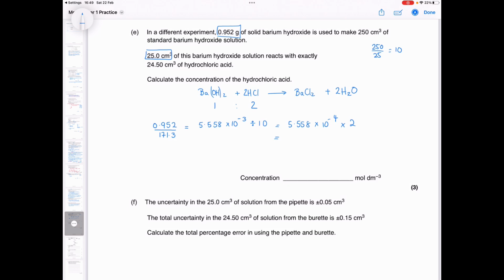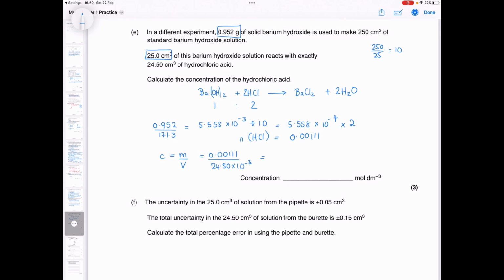And that's going to give us 0.00111 moles. So that's the number of moles of hydrochloric acid. And we know the concentration is equal to moles divided by volume. So we've got 0.00111 divided by the volume, which is 24.50 times 10 to the minus 3.